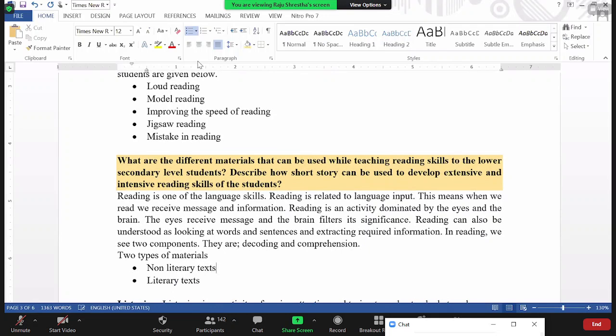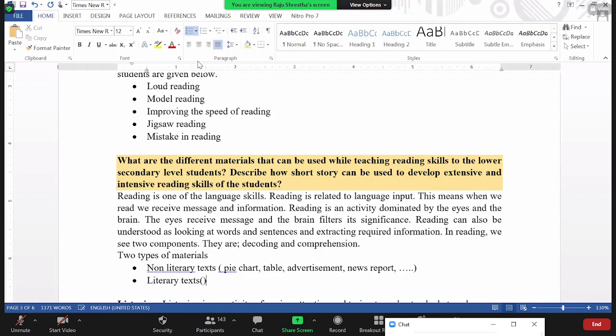Non-literary text means you can use a pie chart, then you can use a table, then you can use an advertisement. You can use a news report. So there are many texts we can use.